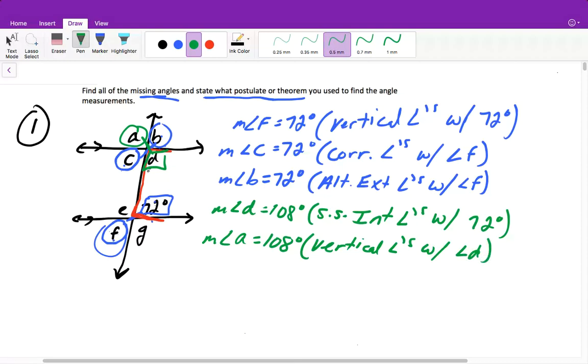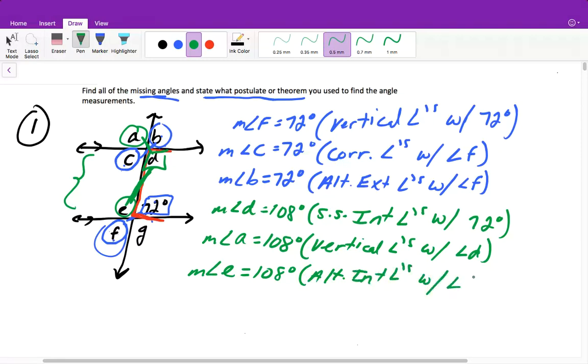All right, now angle D and angle E, they are both in between our parallel lines, but on opposite sides of our transversal. So they are alternate interior angles and they are equal. So I will say the measurement of angle E is equal to 108 degrees. And my reasoning for this is alternate interior angles with angle D. You could have said that angle E and angle A are corresponding.